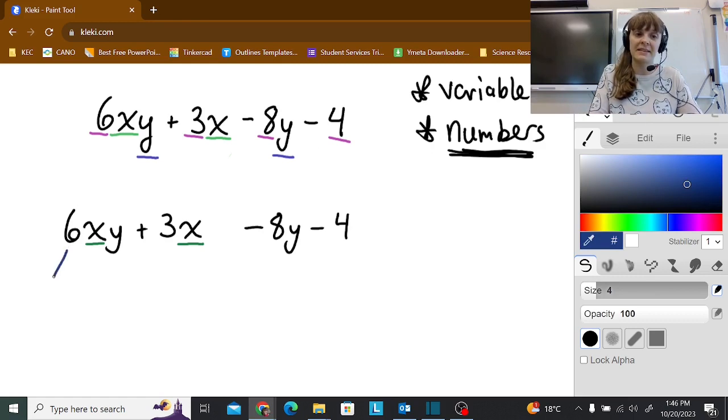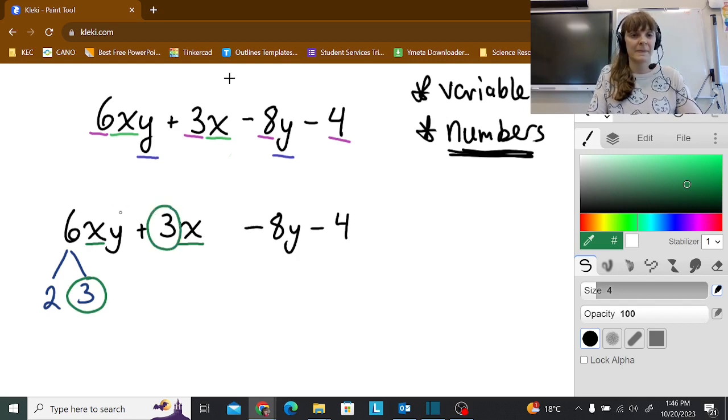If I break my 6 up into its factors, I have 2 and 3, then my common factor would be 3 in the front. So I can then use my 3 and my x to factor this particular group.